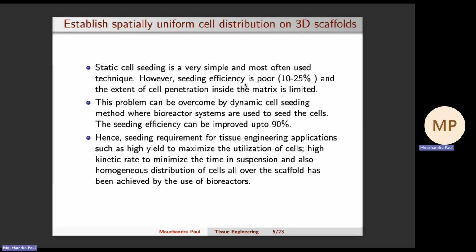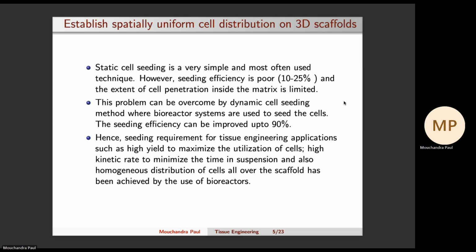And when you are adding your cell suspension drop-wise, containing that many cells, it is possible that a few of the cells, since they are in suspension form, can easily slip off the scaffold and fall on, say, the glass petri dish you're working on, rather than staying adhered onto the scaffold. So that basically leads to loss of cells, which is why it is written here that the seeding efficiency is poor.